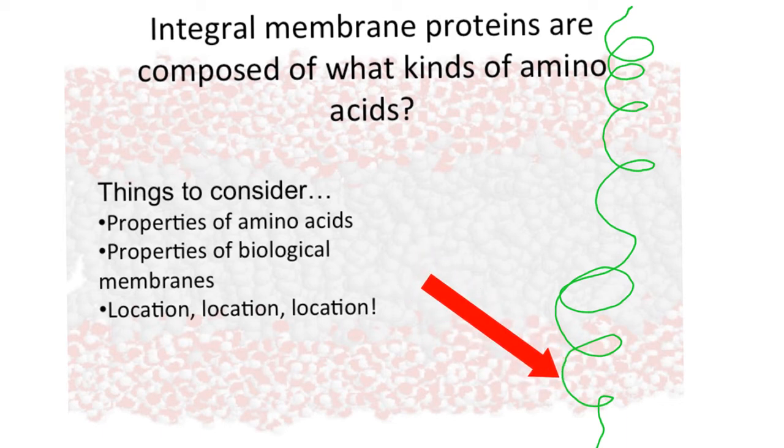And why? What properties do they have that make them good right there? They're hydrophilic, they're polar. What else? If it's a phospholipid, what other amino acids would you expect to see? What does every phospholipid have, besides a lipid? A negative charge. It's going to have a phosphate.